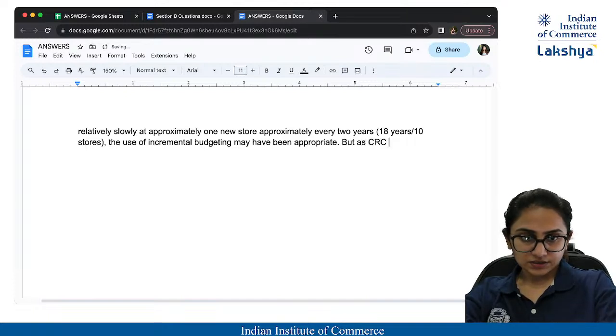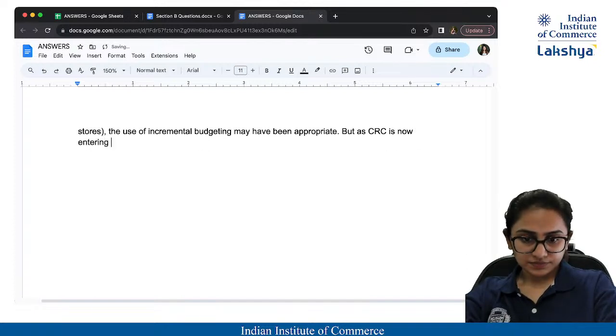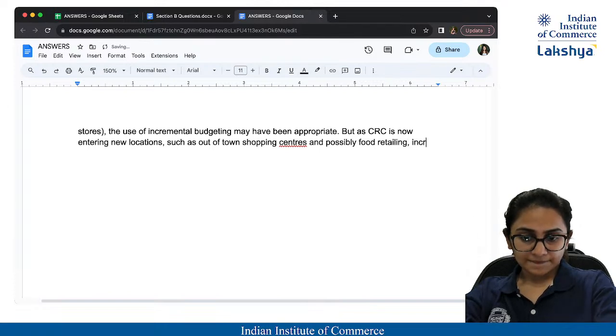But as CRC is now entering new locations, such as out of town shopping centers, and possibly food retailing, incremental budgeting is unlikely to be appropriate.